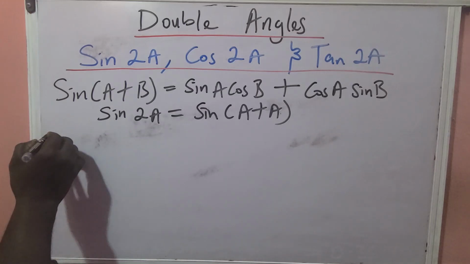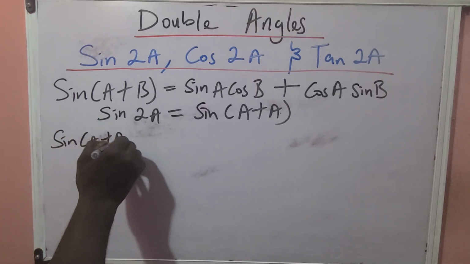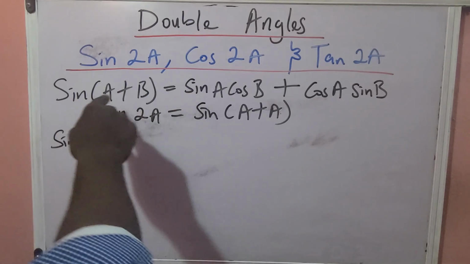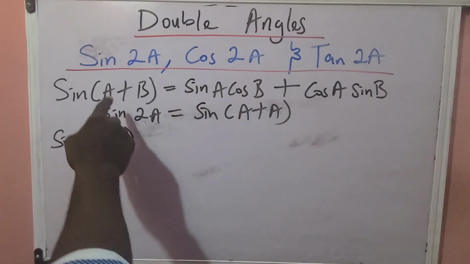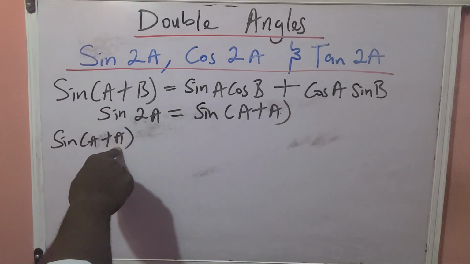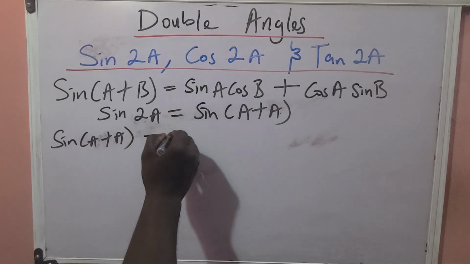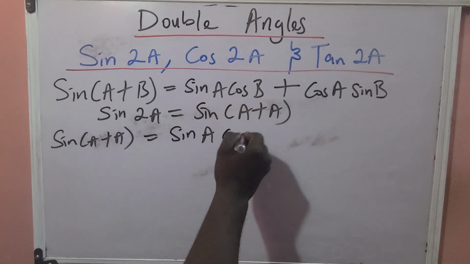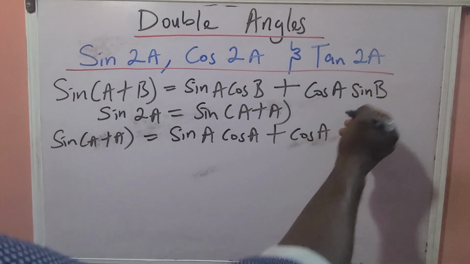I have to go on then to resolve for sine A plus A. Now, this is our compound angle, and it told us that whenever we have A plus B, we had this. So in this case now, we will be representing wherever we saw B with A. So that means our sine A plus A will be sine A cos A plus cos A sine A.